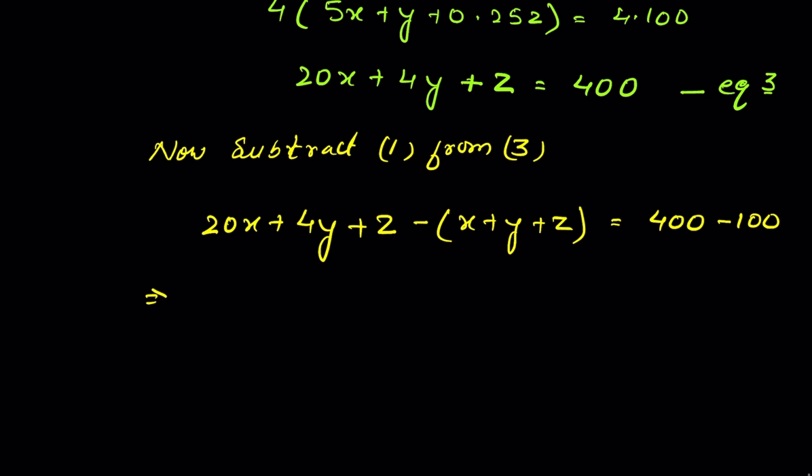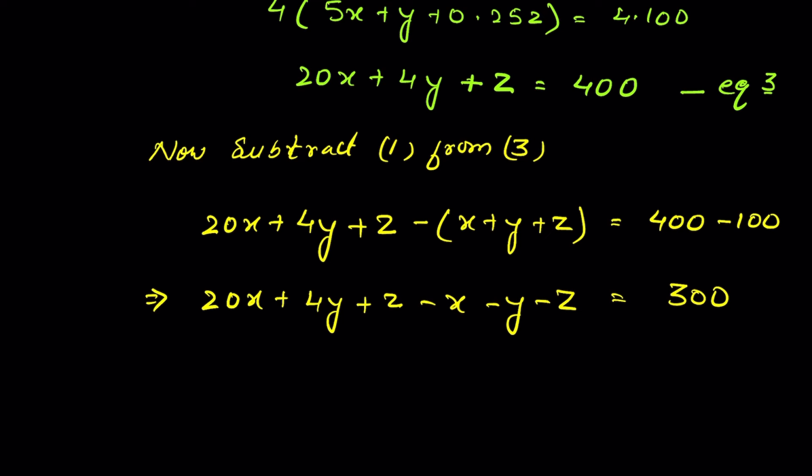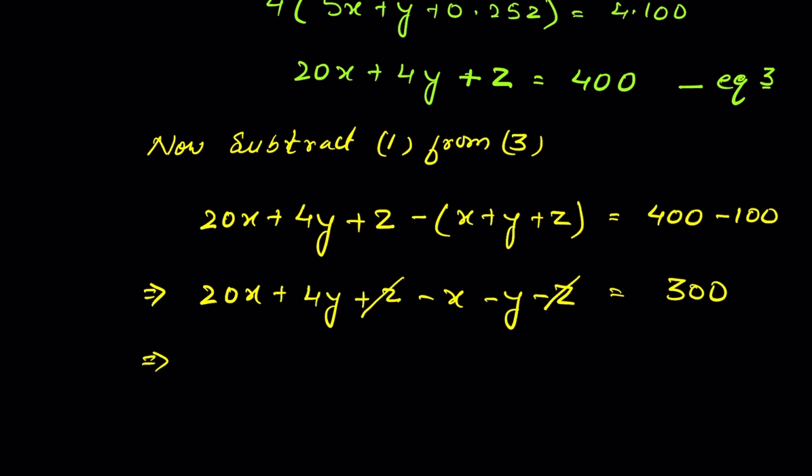So this is 20x plus 4y plus z minus x minus y minus z equals 300. We remove the plus and minus z. 20x minus x is 19x, and 4y minus y is 3y. So 19x plus 3y equals 300.